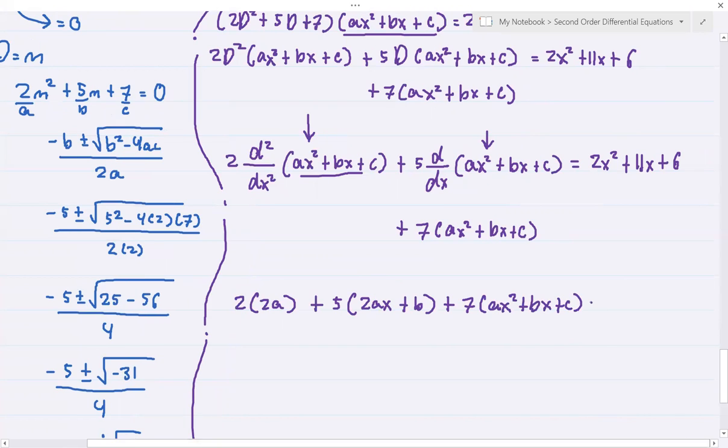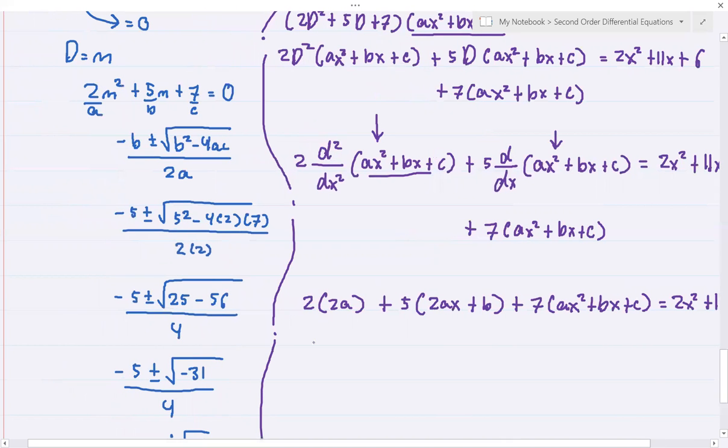Then on the right side as well, 2x squared plus 11x plus 6. Okay. Now, let's distribute. So 2 times 2a will have 4a plus 10ax plus 5b plus 7ax squared plus 7bx plus 7c.